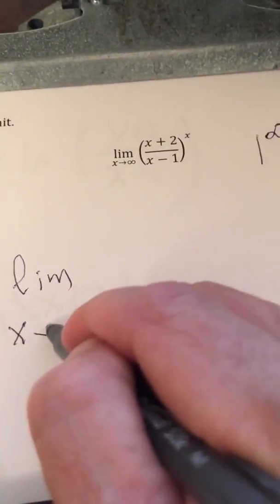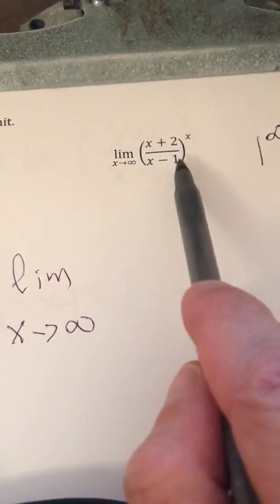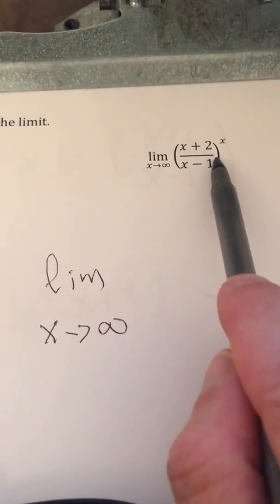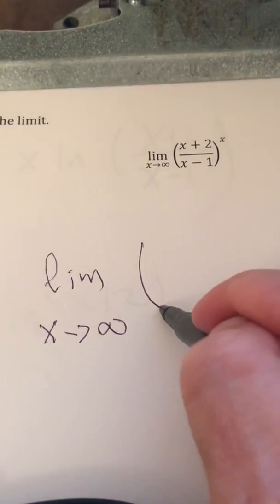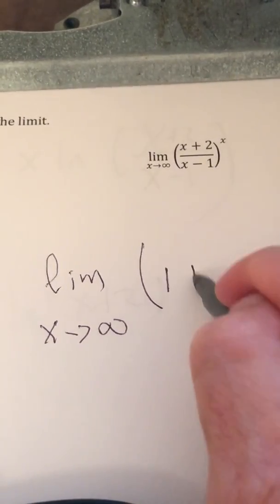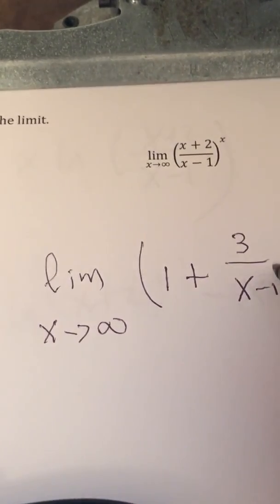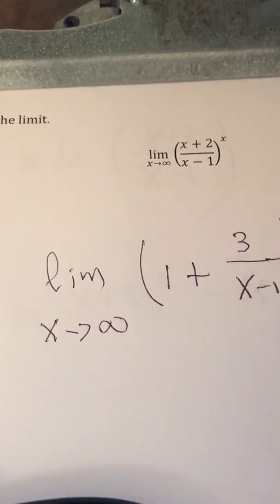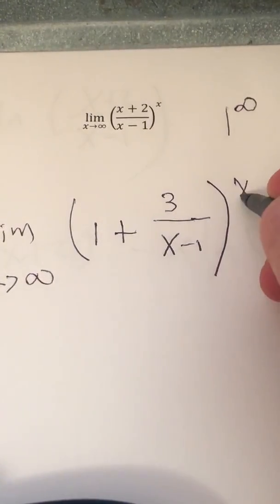The limit as x approaches infinity of... Now I'm going to let you fill in the steps here. x plus 2 over x minus 1 is the same as 1 plus 3 over x minus 1. So we have (1 plus 3 over x minus 1) raised to the power x.